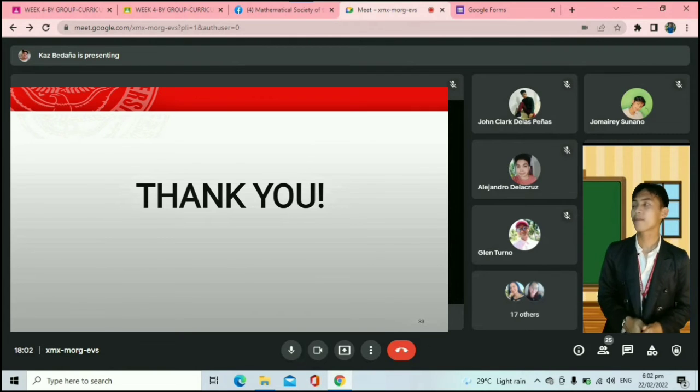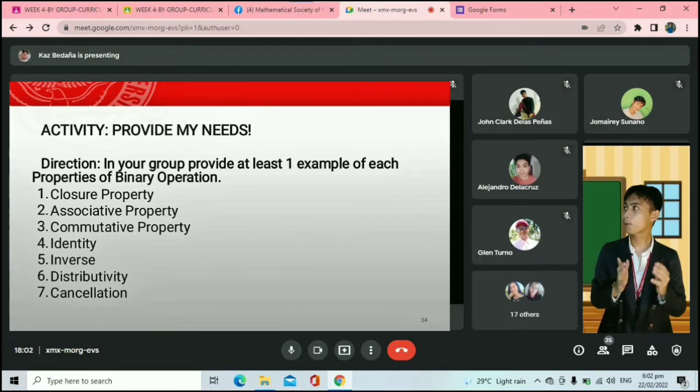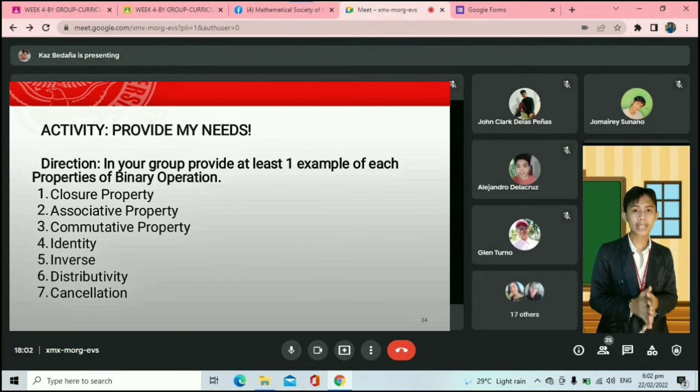So now, for your activity, the direction is: in your group, provide at least one example of each property of binary operation. So what are the properties of binary operation?